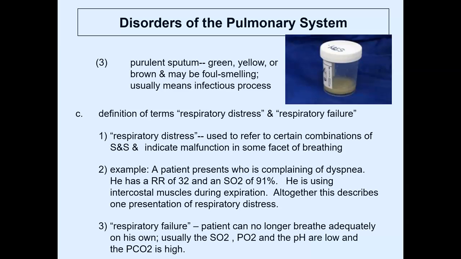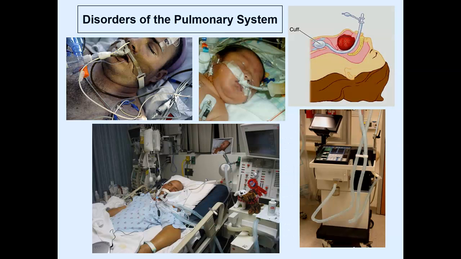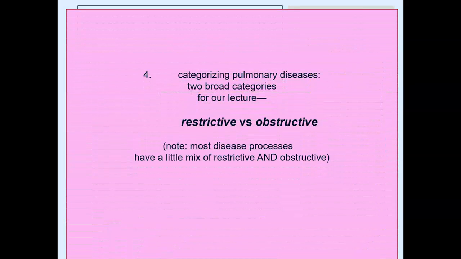So respiratory failure can be either a low pH, a low O2, or a high CO2, or all three. If all three are abnormal, then it is a complete respiratory failure. So that's what respiratory failure entails. And when there is respiratory failure, then the healthcare provider is going to have to support that respiratory effort through mechanical means, such as a ventilator.